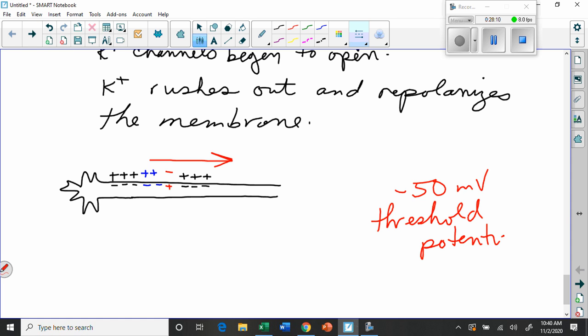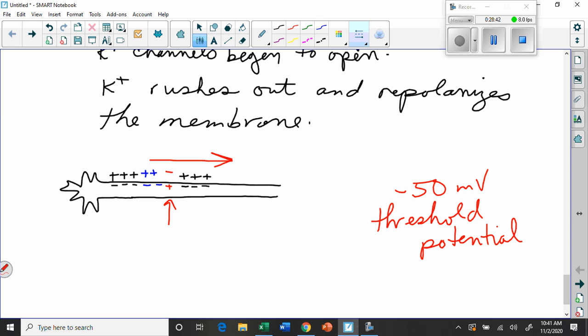That's kind of like when it goes from a slow trickle to a large influx. That's the point where a lot of sodium channels would start opening, and then you get this massive flip, which is the depolarization. So it's a slow trickle at first. 70, 65, 60, 55. At 50, lots of sodium channels are now open, and it shoots up to plus 30. That's the action potential. That's the red depolarization that we're talking about.